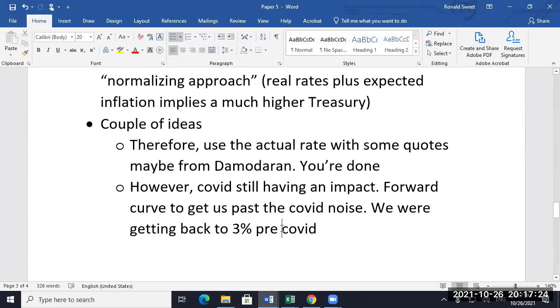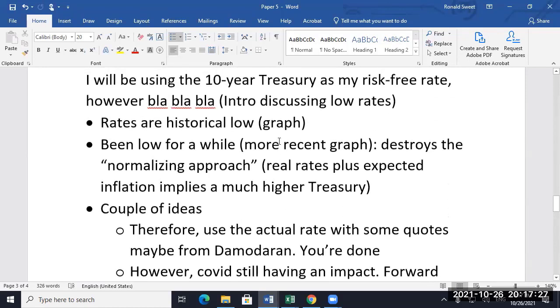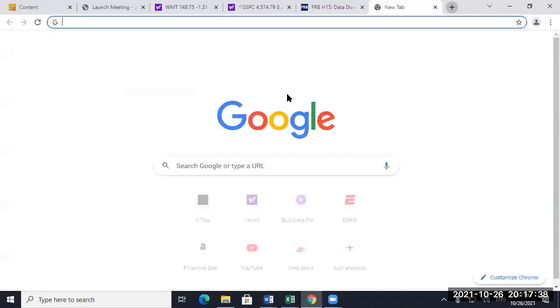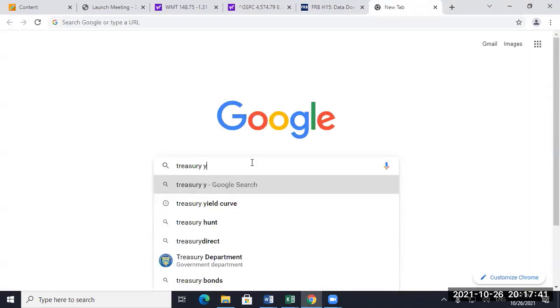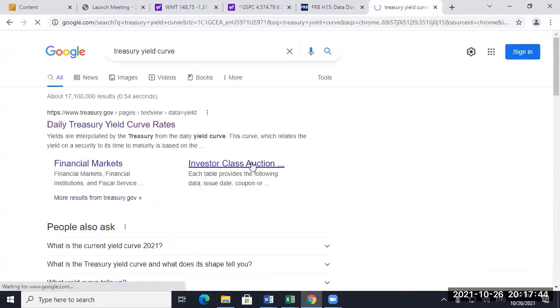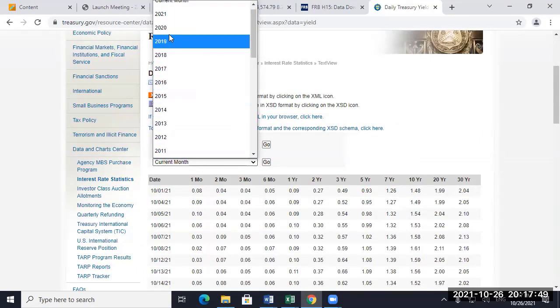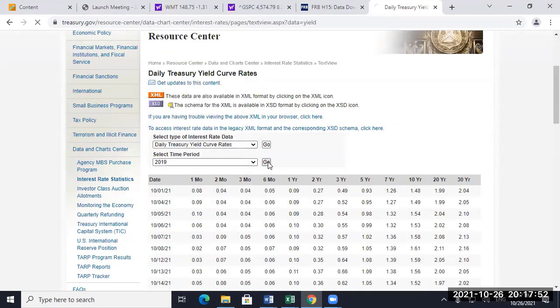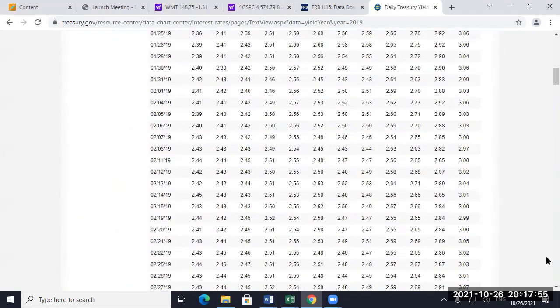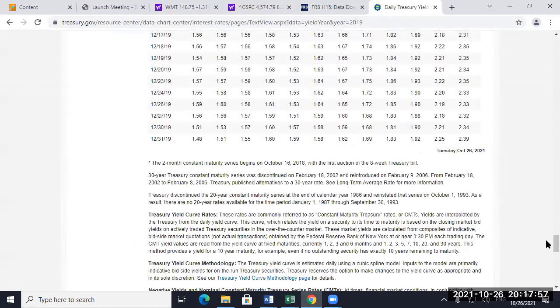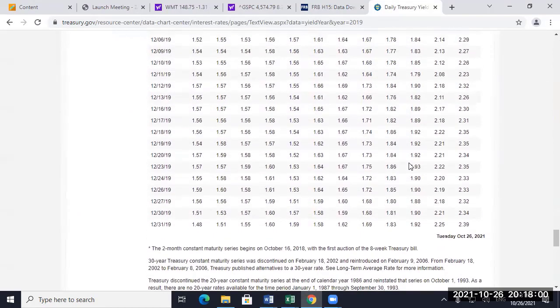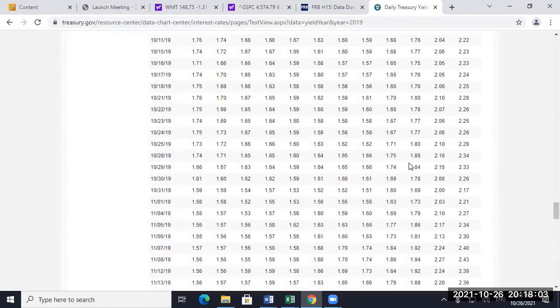So pre-COVID, that's where this more recent graph might help. You could say, hey, look, going into COVID, we're getting back up to that 2.5, I can't remember what it was, but getting back up into that level. At the end of 2019, it was already starting to come back. Remember, at the end of 2019, we're starting to get some recessionary pressures.